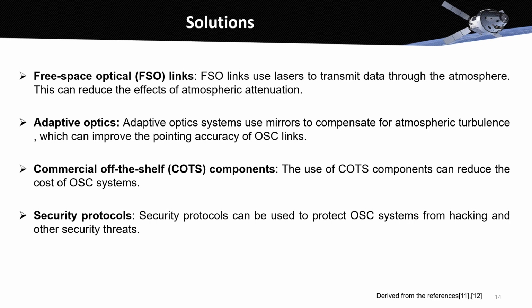Adaptive optics systems use mirrors to compensate for atmospheric turbulence, which can improve the pointing accuracy of the OSC links. Next one is commercial off-the-shelf components. The use of COTS components can reduce the cost of OSS systems. Also, security protocols can be used to protect OSS systems from hacking and other security threats.